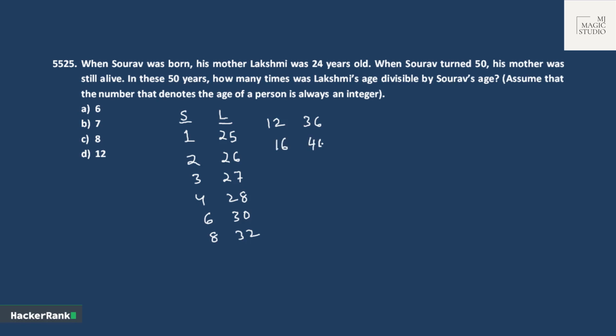Then 16, 40. It is not divisible, I just wrote it. And 17, 18, 19, 20, 21. We'll go like this and we need to identify when L is divisible by S.